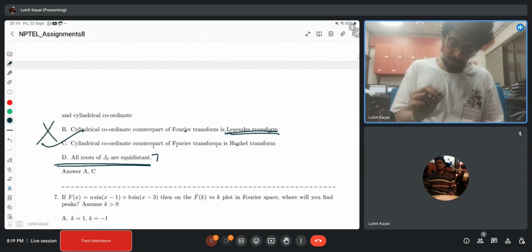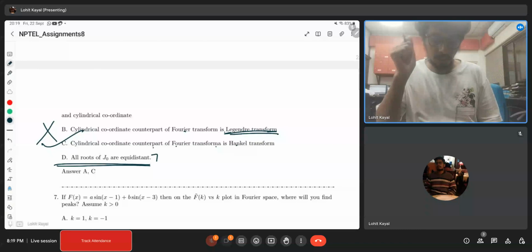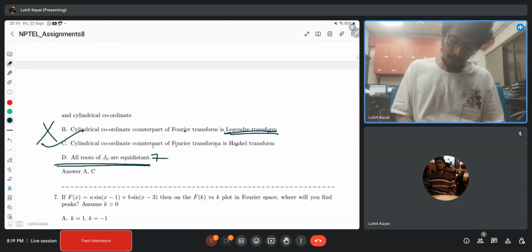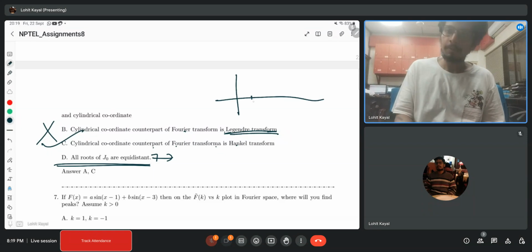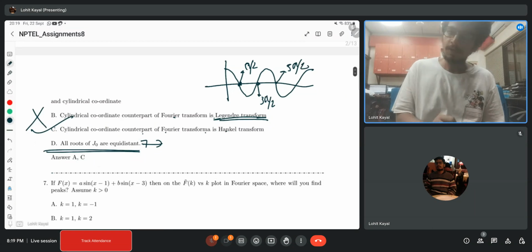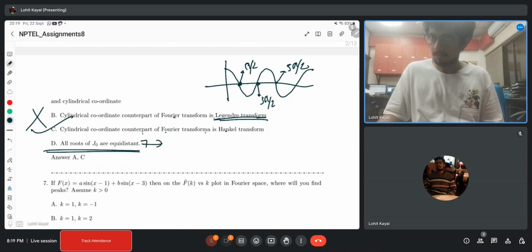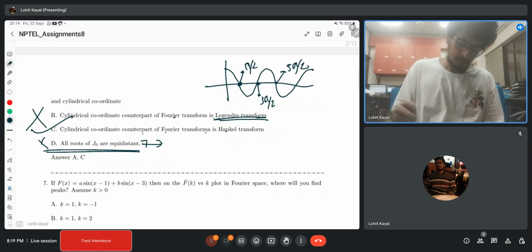I have told you that J0 is similar to cos, but the difference is that for cos you will find zeros at pi by 2, 3 pi by 2, 5 pi by 2, so they are equidistant. But for the Bessel function, the roots are not equidistant. So this option is incorrect.